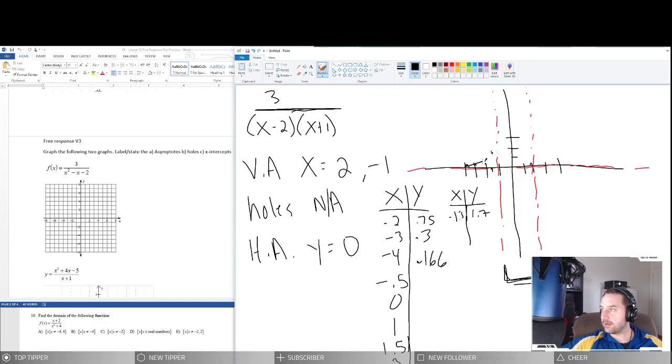So it looks like my graph is doing that. So I have that piece right there. Any questions on how I graphed that part? I'm going to finish the problem though, so no worries.